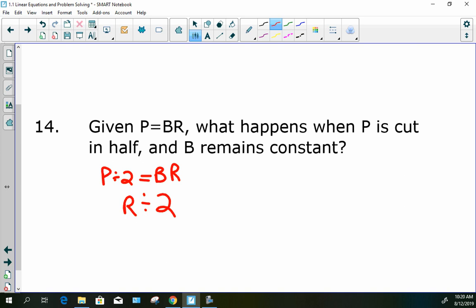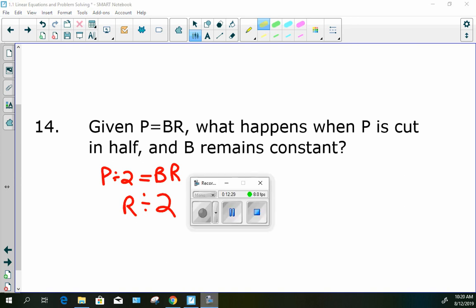Same sides opposite, opposite sides same. Now, if you want to throw numbers in here, go right ahead, but you don't have to. You just have to remember, same side, opposite, opposite side, same. And that's how you'll do these. Okay. Guess what?